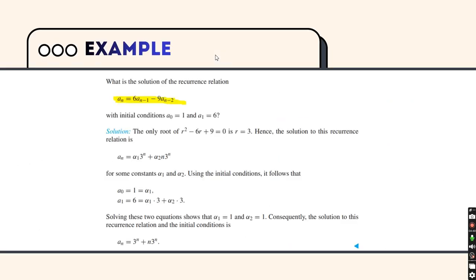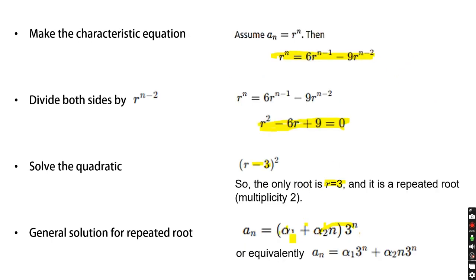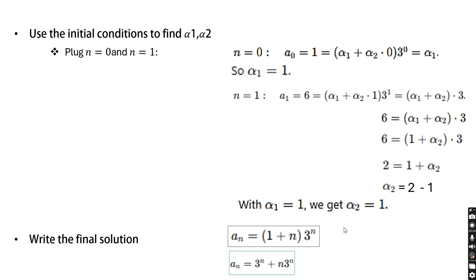And then makita nato ang gihatag nila nga mga initial conditions are a0 is equals to 1 and then ang a1 is equals to 6. So, n is equals to 0 and then our a0 is equals to 1. So, a1 plus a2 times 0. So, ang formula nga gigamit nato diri is this formula which is the general solution for repeated root.